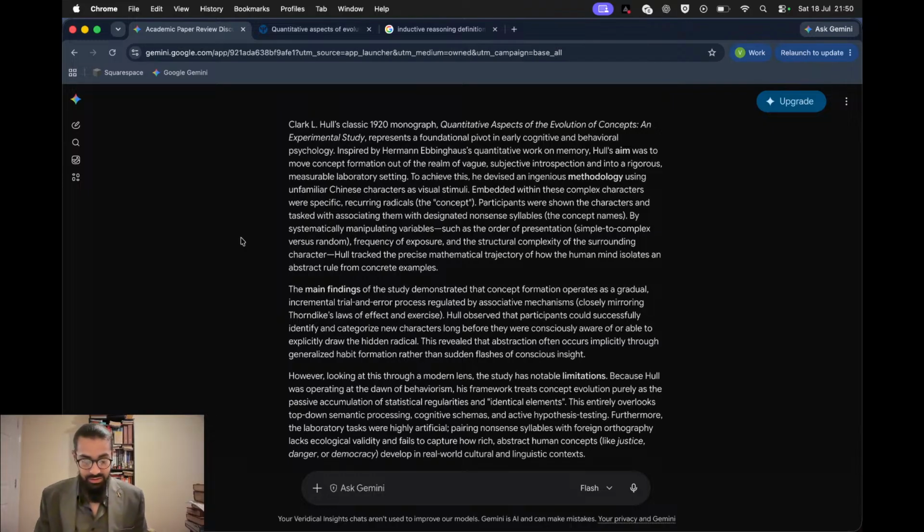So we've done this. I guess we can read the brief for Hull's paper. Six of the Chinese radicals that Hull used are shown here.